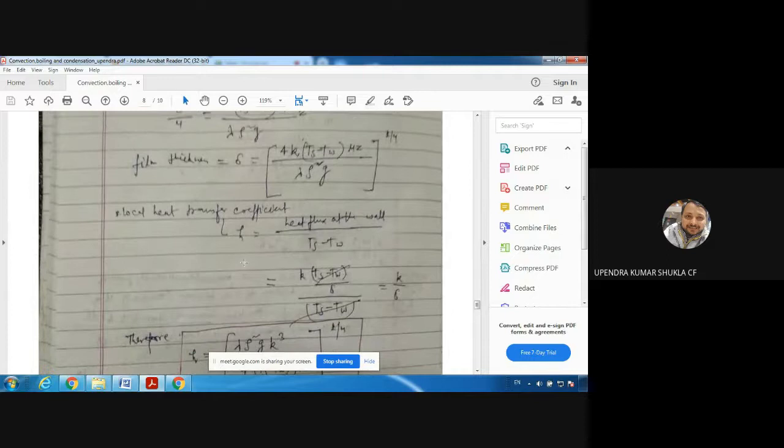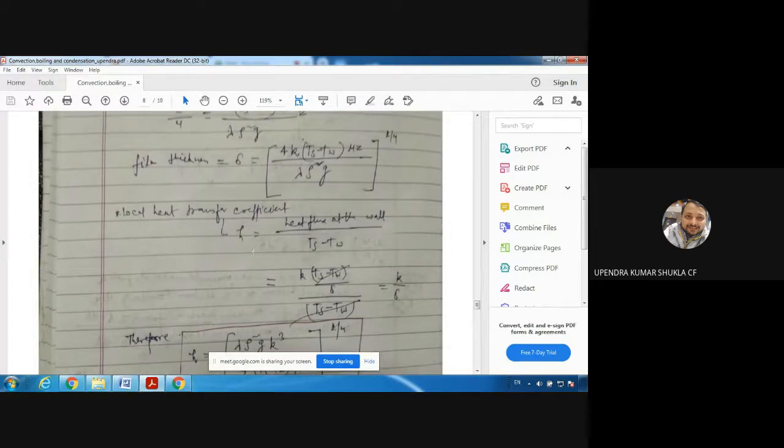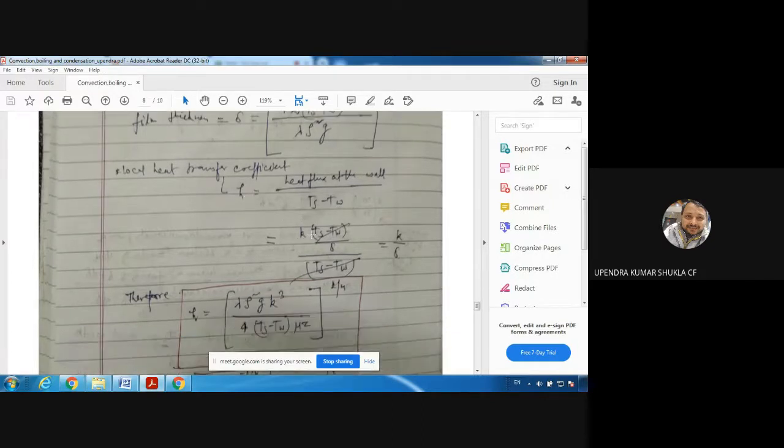Now the local heat transfer coefficient h. I have got the value of film thickness, and now I would like to get the value of the local heat transfer coefficient. So h is equal to heat flux at the wall upon Ts minus Tw, as defined earlier. I assume the temperature is linear, so the heat flux at the wall is k(Ts - Tw) upon delta, divided by (Ts - Tw).